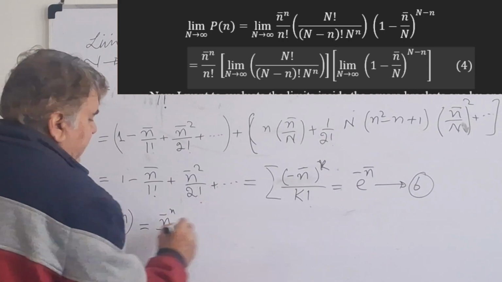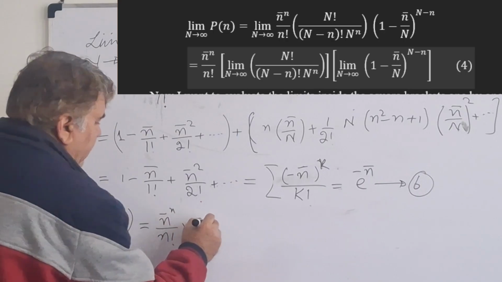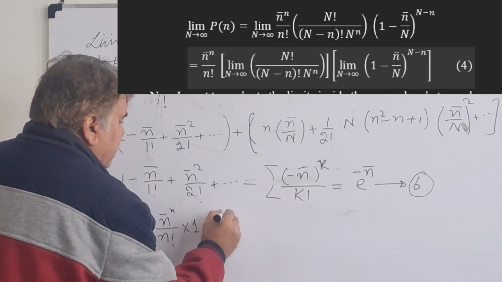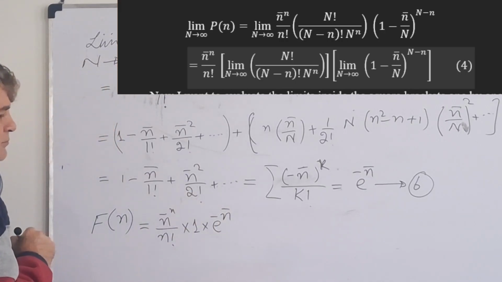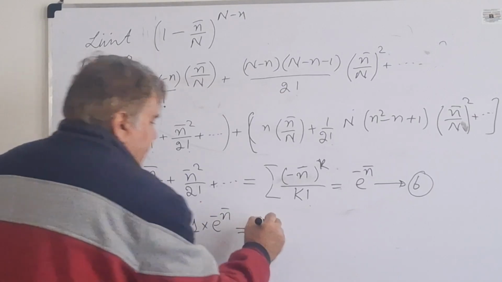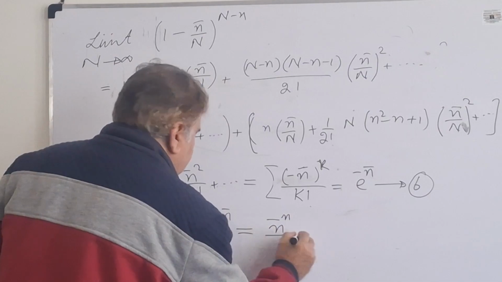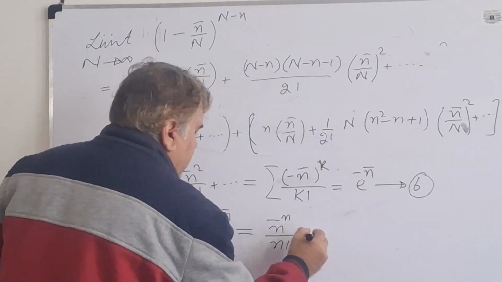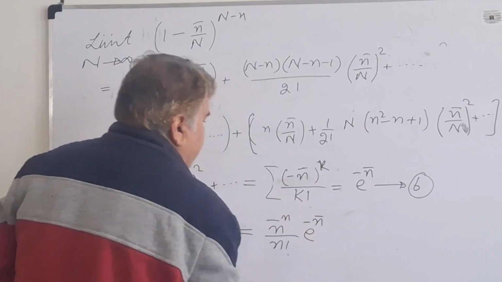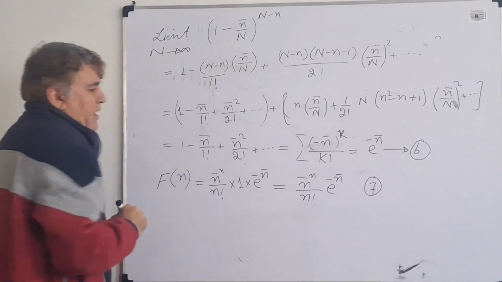Then the second factor we set from equation 5 to 1, I write that value, and the third factor we get is minus n bar. Or in simplified form, I write n bar raised to the power small n divided by n factorial, exponent minus n bar, and I call this equation 7.